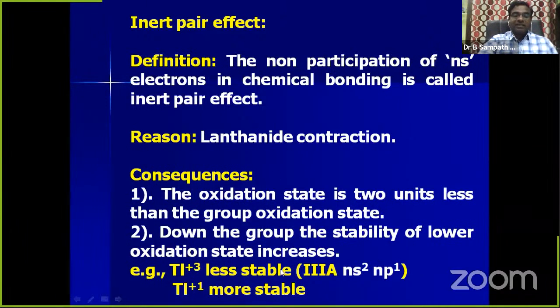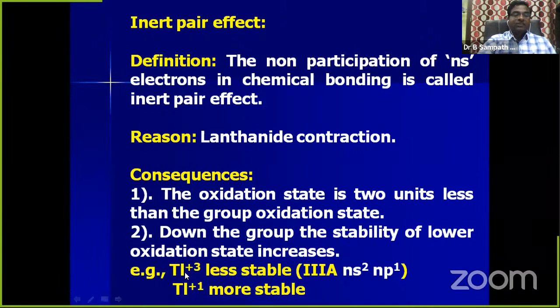See, actually, children, here the group number is 3. Therefore, the oxidation state also should be +3. But due to the inert pair effect, these ns electrons are not participating. So that's why it is 2 units less than the group oxidation number. The next one is that down the group, the stability of the lower oxidation state increases.